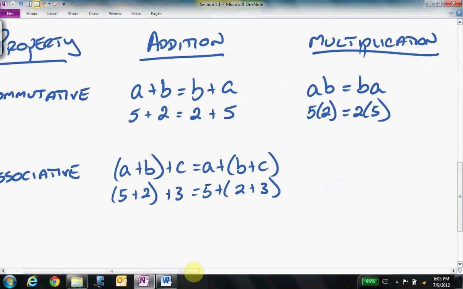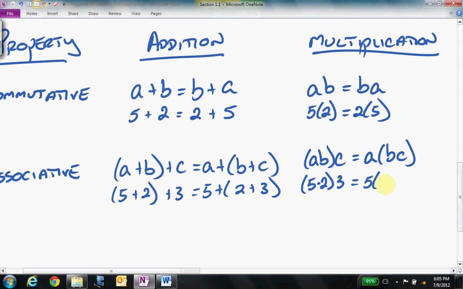Same thing with multiplication. So we're going to group A and B together as well. A times B, then we're going to multiply that by C. That's going to be the same as if I group B and C together. So let's say 5 times 2, and we'll multiply that by 3. It's going to be the same as 5 times the quantity 2 times 3.